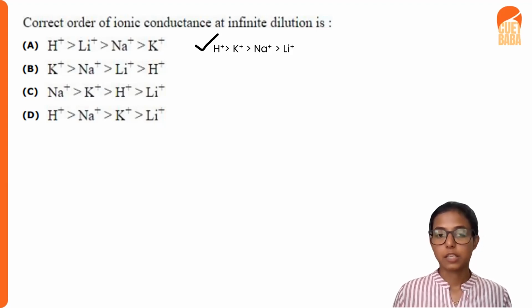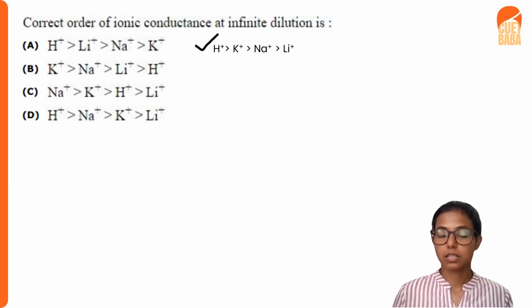We know that H+ ion is very small in size, so it can easily conduct electricity. So H+ is always greater, and K+ is next, which has a higher ionic conductance, because it does not undergo that much hydration, so it will exist as K+.